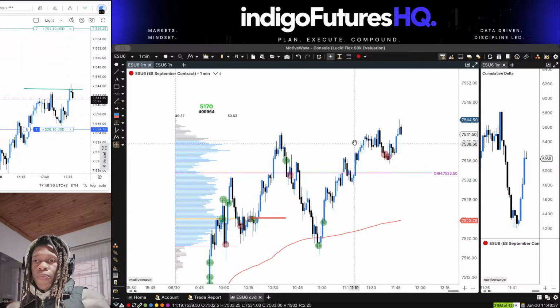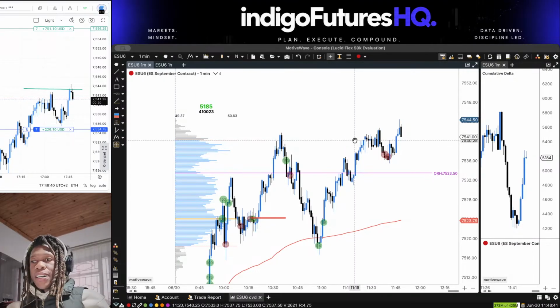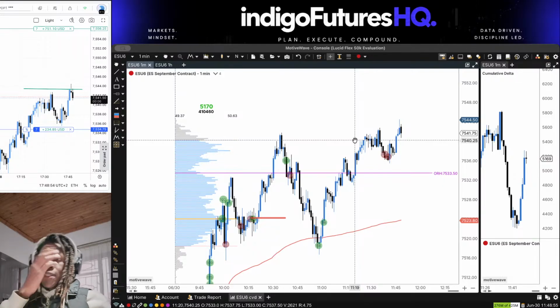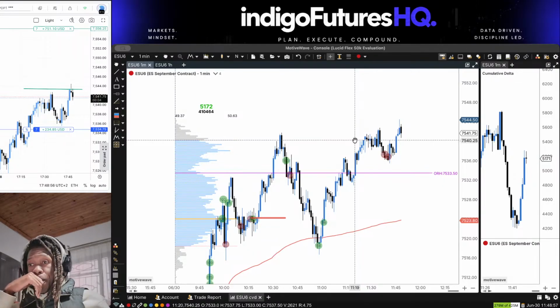542.5. Break and retest, hold above 542.5. And maybe then that's the break and retest. 542.5.